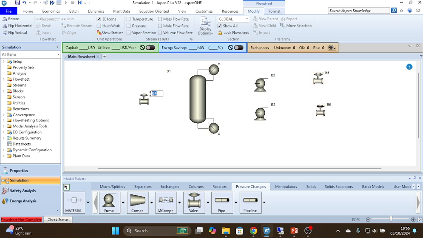So let us rename this as control valve 1, the column as C1, this is pump 1, this is pump 2.